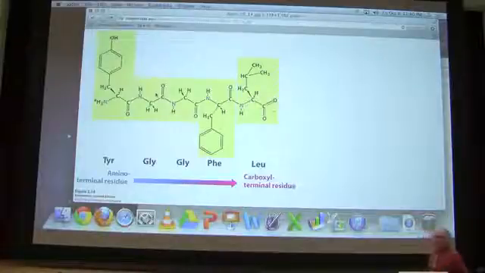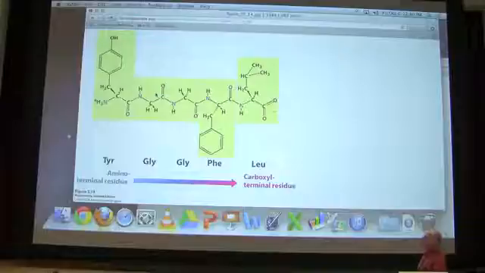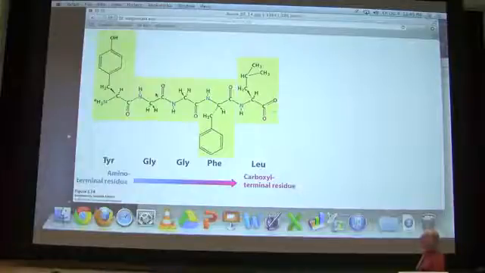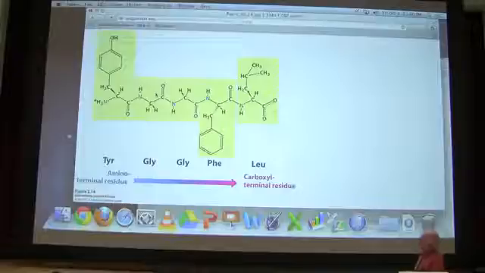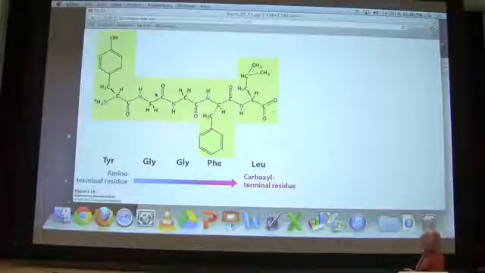You look at there and you say, okay, there's the alpha carbon. There's the R group. There's the alpha amine. And there was where the alpha carboxyl was, but it joined with the next alpha amine. Alpha carbon, alpha carboxyl, alpha amine, alpha carbon, alpha carboxyl, alpha amine.